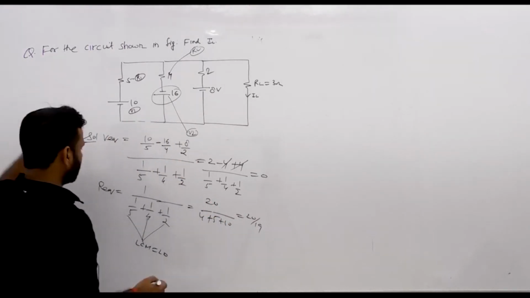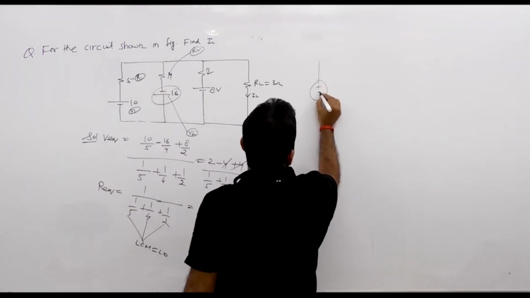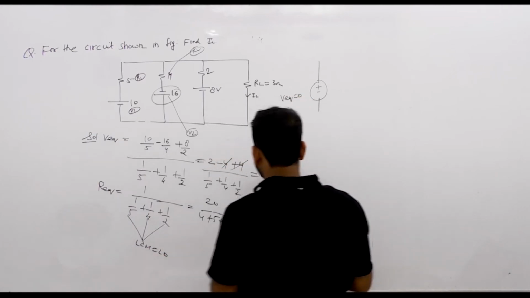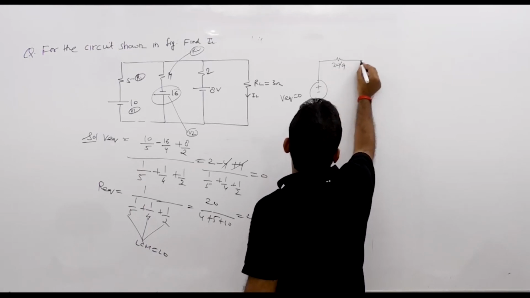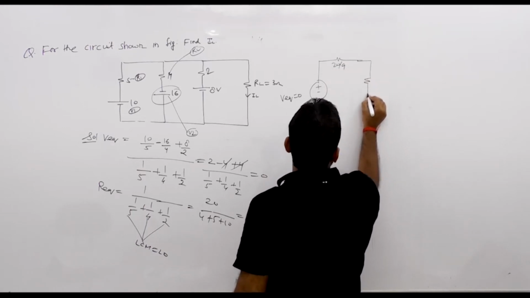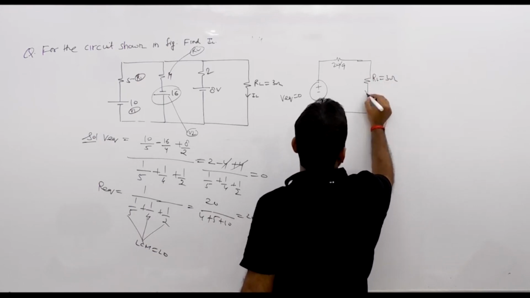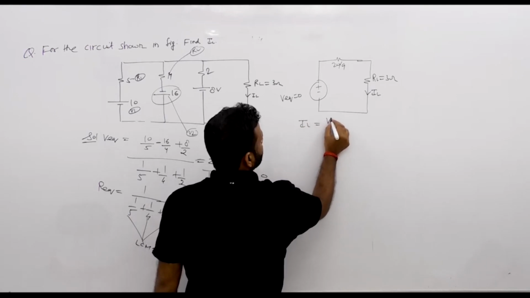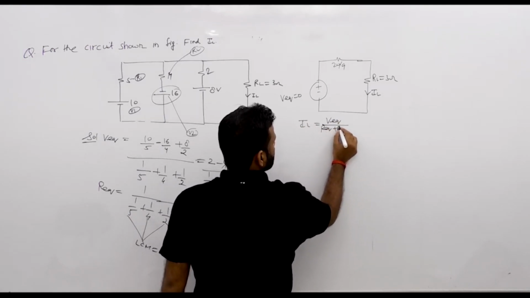Now what is that diagram? The diagram is this. Now V equivalent is 0, and what is R equivalent, 20/19, and what is your load, load is 3 ohm. Now IL you have to find. IL is V equivalent upon R equivalent plus RL.